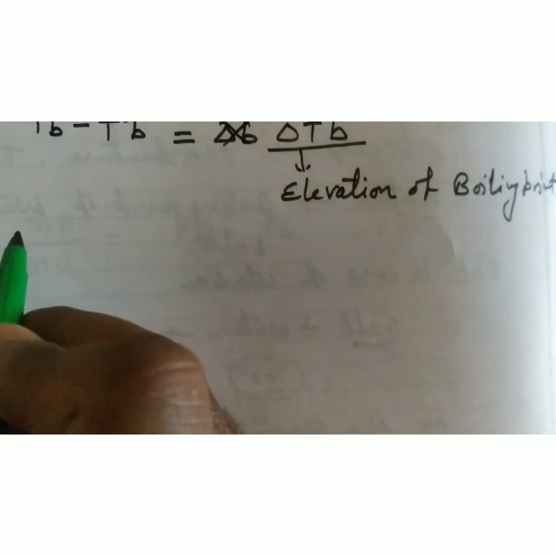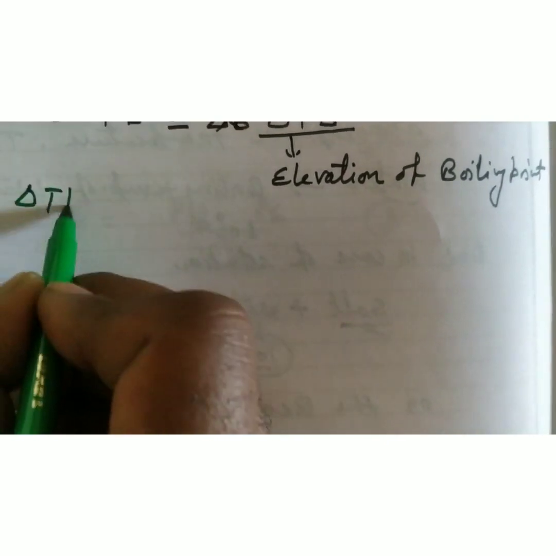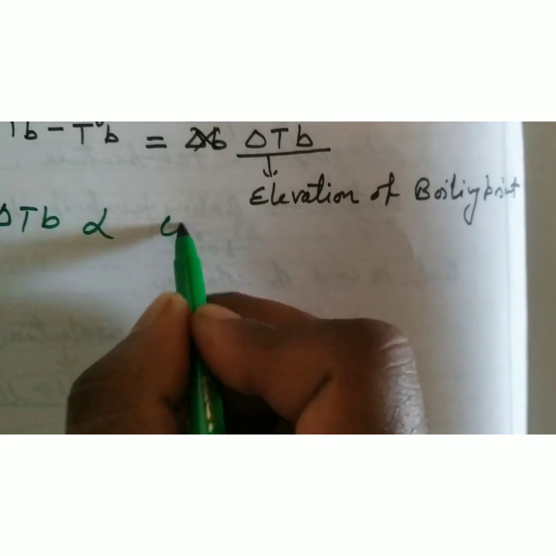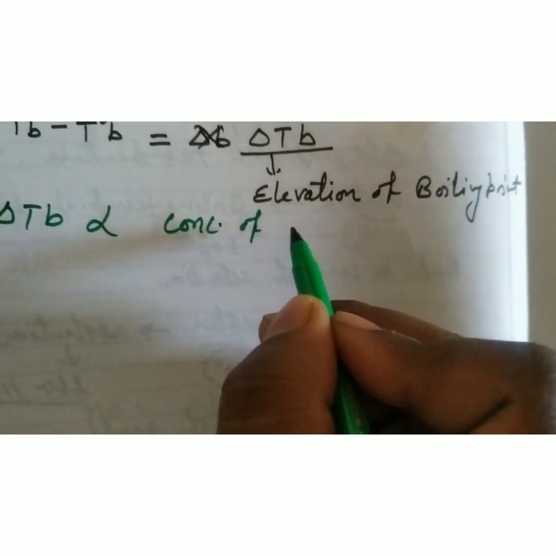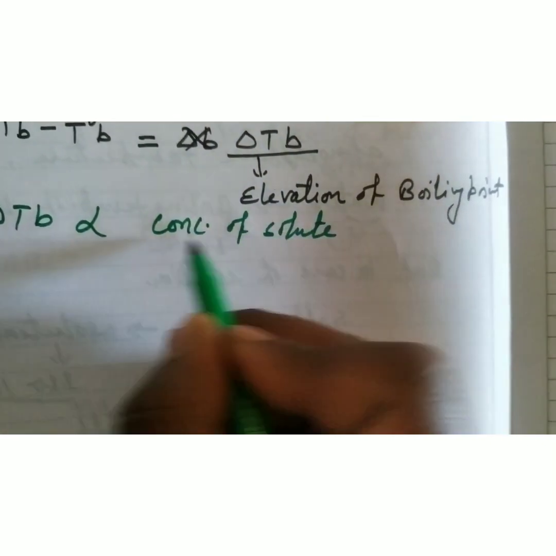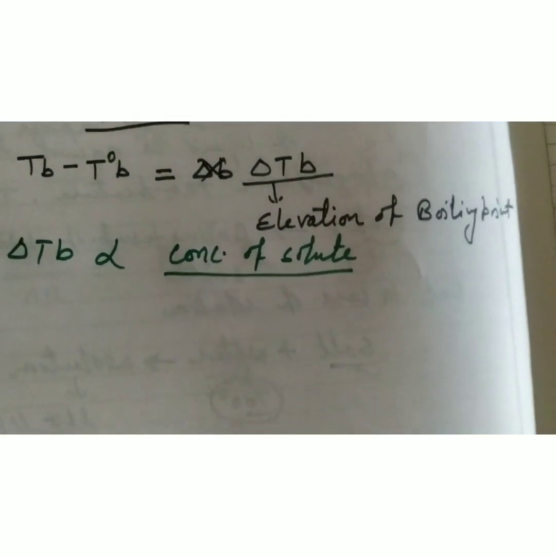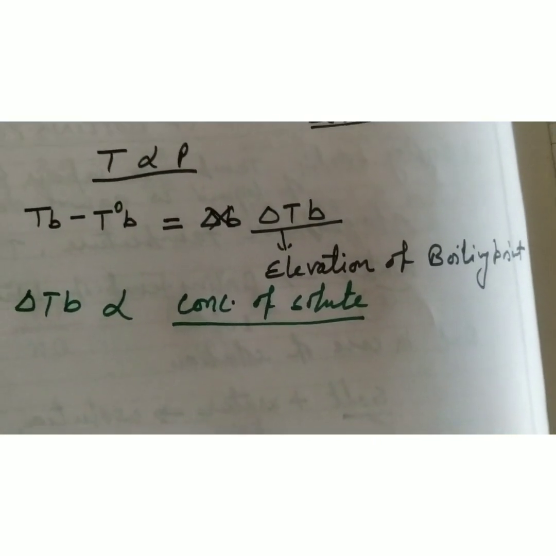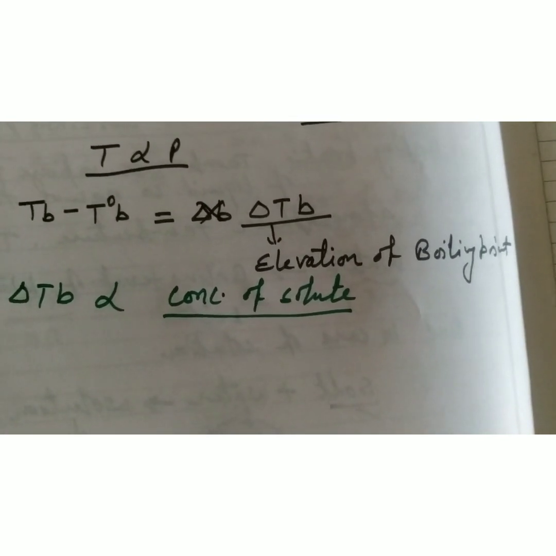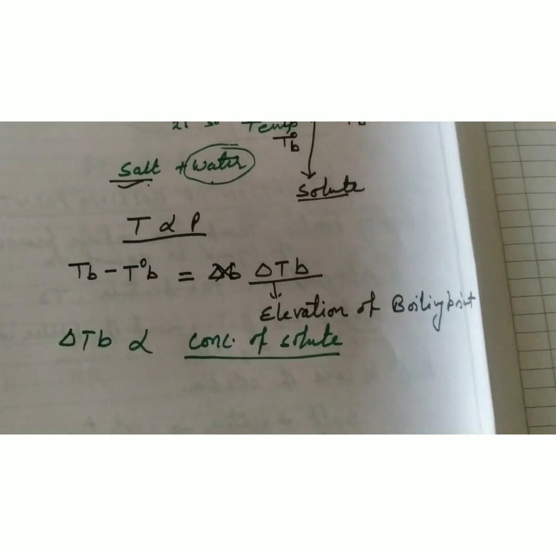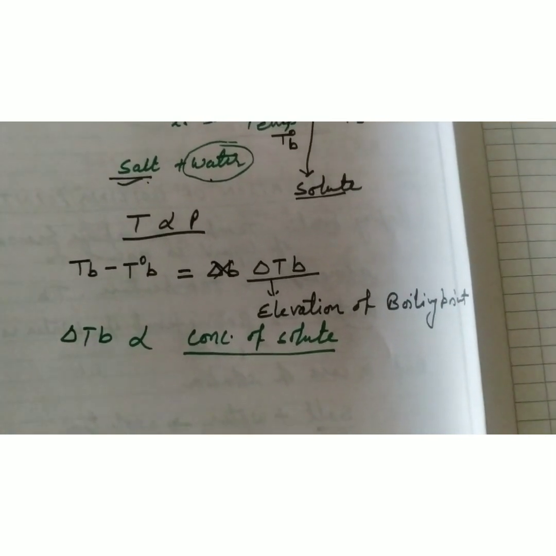So further, the elevation of boiling point delta TB is directly proportional to the concentration of solute. Clear? Why? We know very well the pure solvent has a lower boiling temperature, and after mixing salt with water it will be greater due to the concentration of salt.